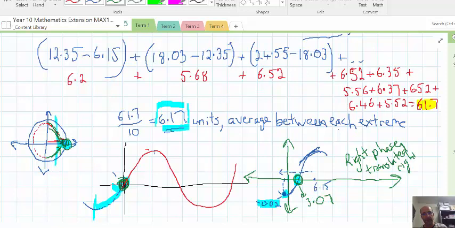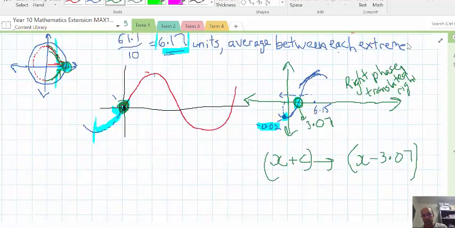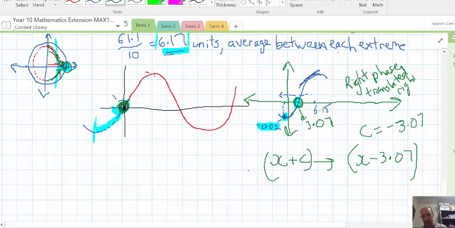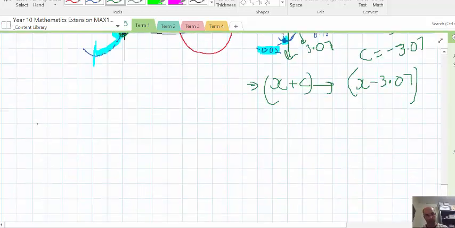Okay, and that means we know what our C value, or at least our estimate of a good C value, might be. So we've basically got C equals negative 3.07, which will turn that part of the model that you should be familiar with into x minus 3.07.